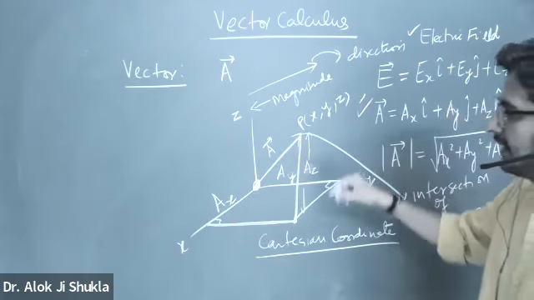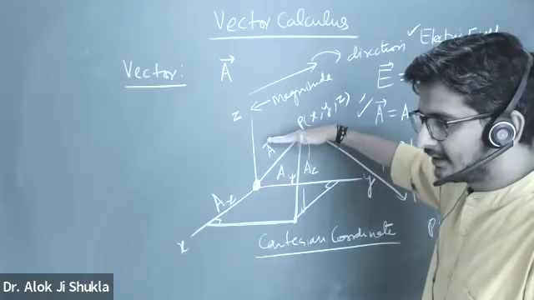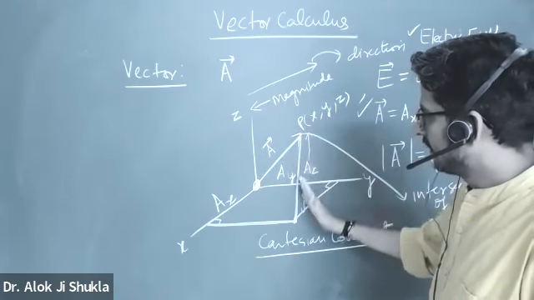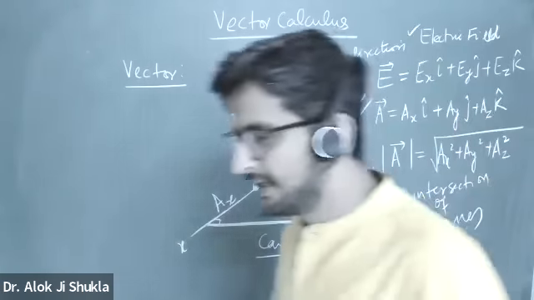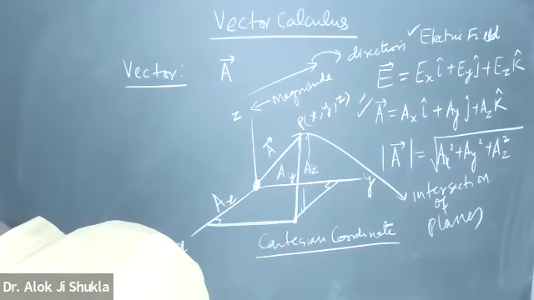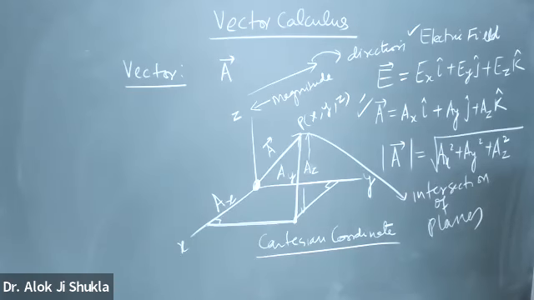This point is in 3D. One plane has z constant everywhere, one has x constant everywhere, and one has y constant everywhere. Make these three perpendicular planes. Where the three intersect, that point is P(x, y, z). So what is this point? Please write. The point P is the intersection of three planes.